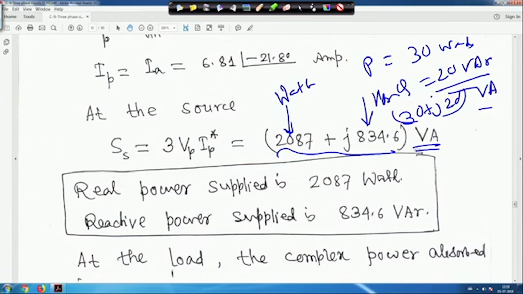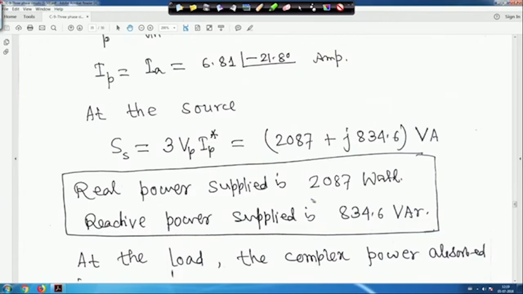That is why, when you write this in P plus jQ form, it will be volt ampere. But this one is watt and this one is var, because if you take its magnitude, it will be volt ampere. That is why we write VA. So in this case, the real power supplied is 2087 watt and the reactive power is 834.6 var.